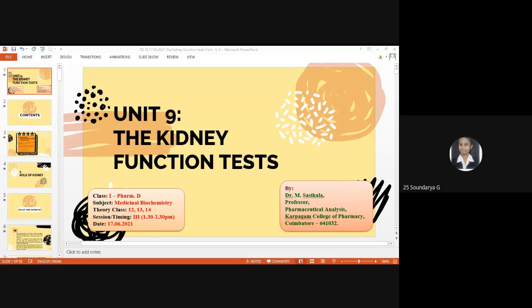Ma'am, the color of urine: colorless, dilute urine; red color, hematuria; yellow; green, biliverdin; orange or orange brown, urobilinogen.